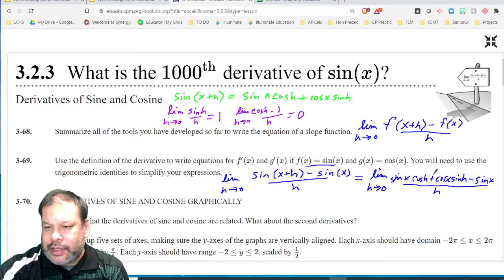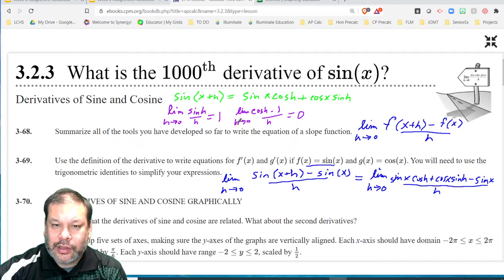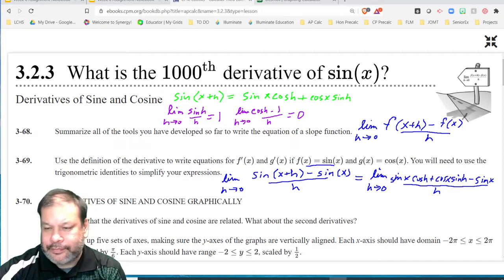So we need to manipulate this so that we can use these known limits.